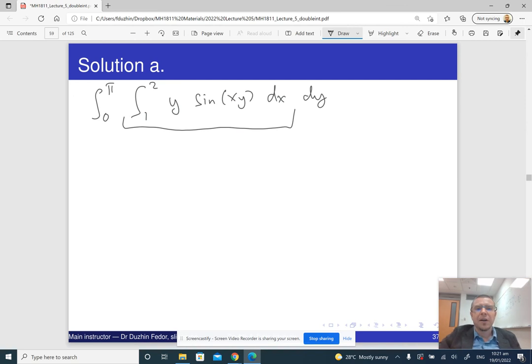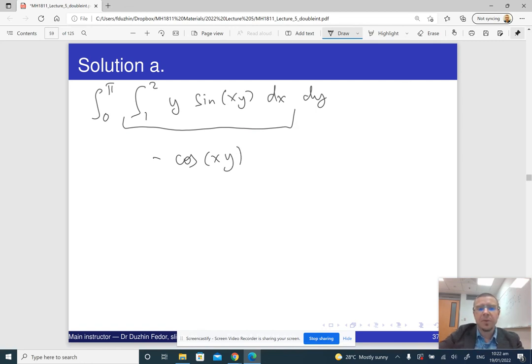Here I could do the trick with factoring out the constant, which is y, so I can take it out, but here it doesn't really help. So what is the antiderivative of sine? The antiderivative of sine is minus cosine, right? So the antiderivative of this is minus cosine of xy.